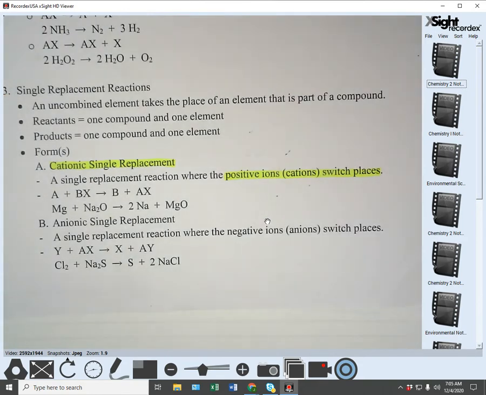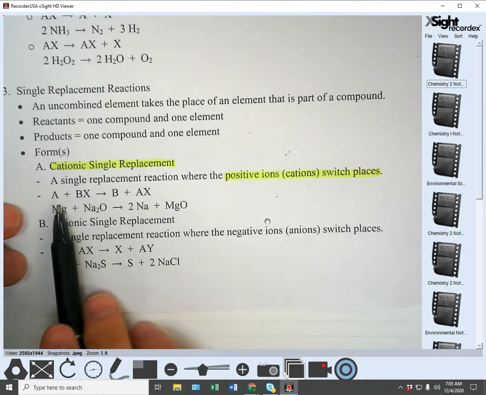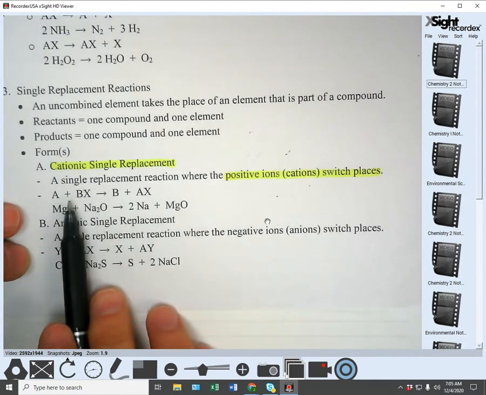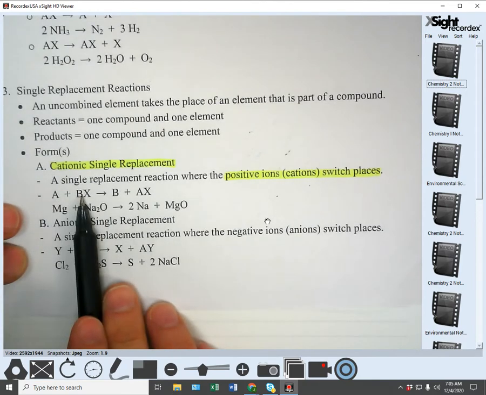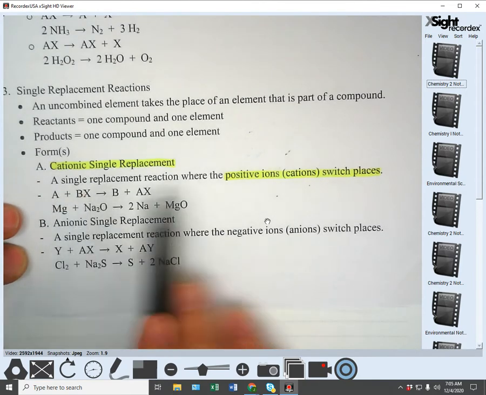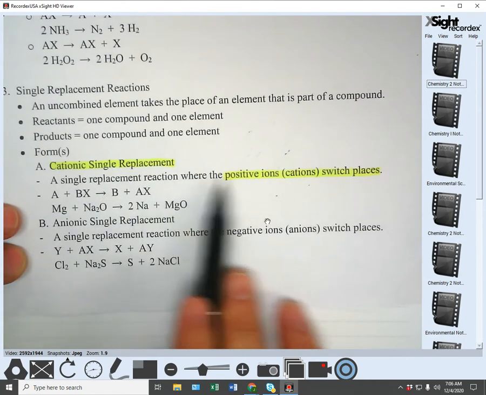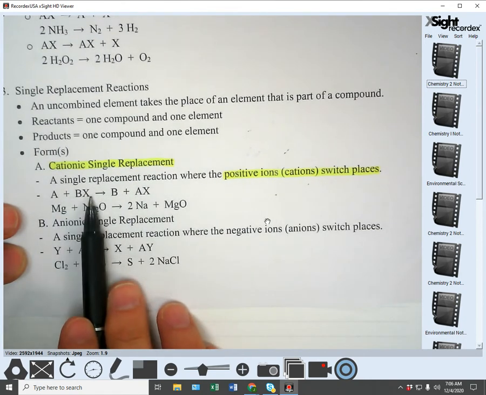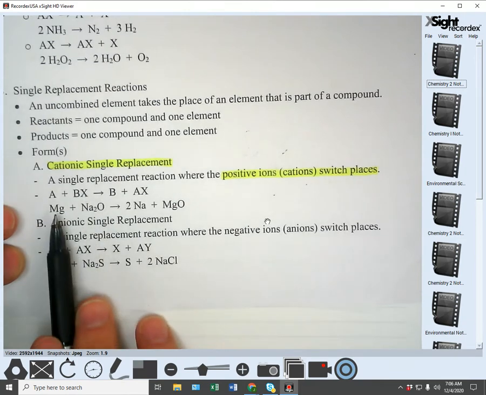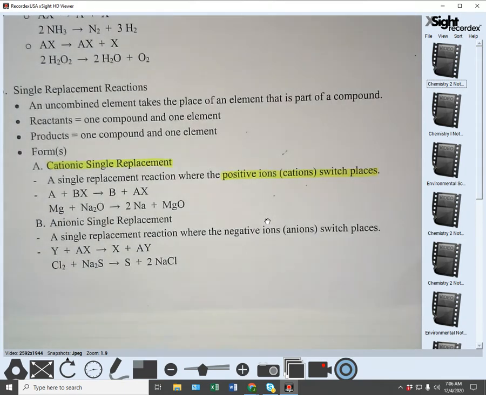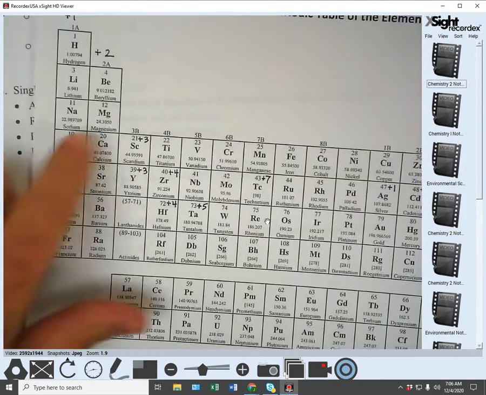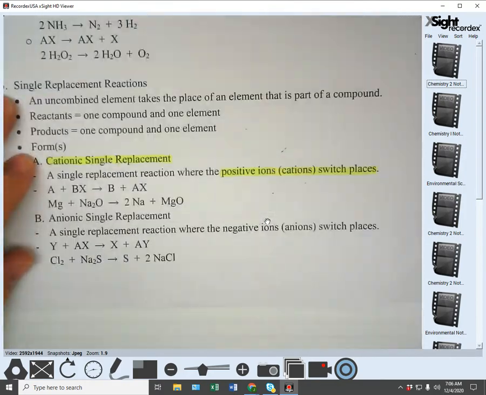Okay, so let's look at this format. So I've got element and compound, and the A and the B are cations. They're positive ions. The X is the anion. So like here, magnesium is a positive ion, right? If you look on our periodic table, Mg is a +2.